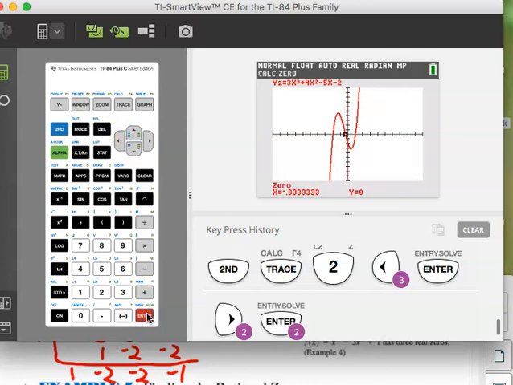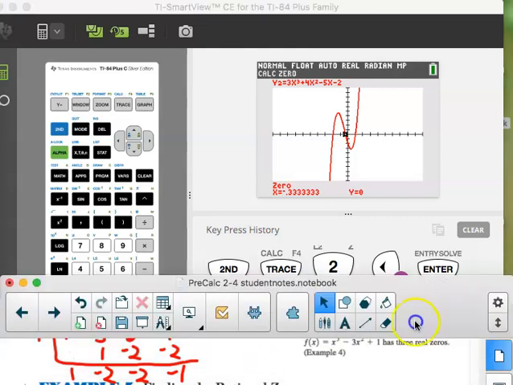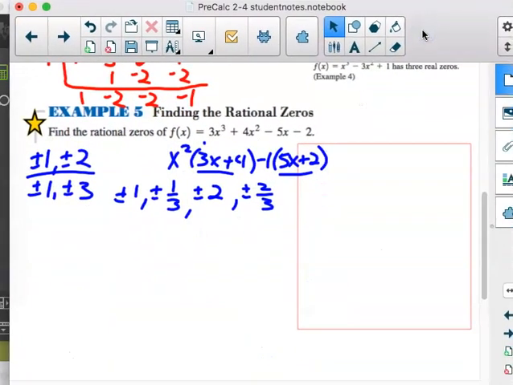And I get -0.333333333, which, you know, eventually the calculator drops off the 3's there. So here's what I know. I know that's -1/3. Now, I think about my list. I just found that we had -2, -1/3, and 1.